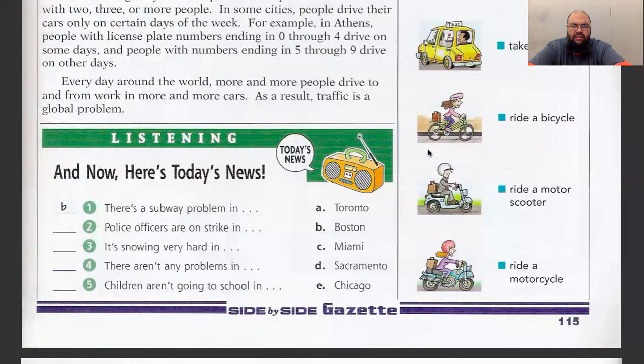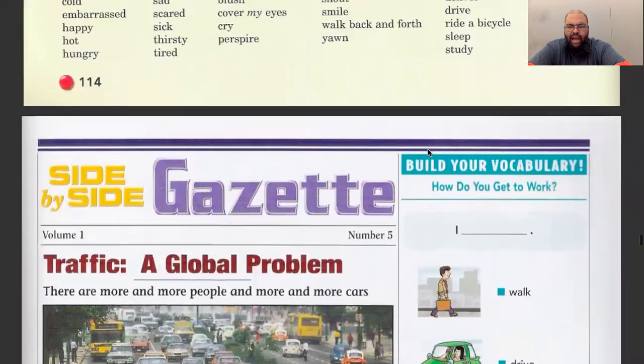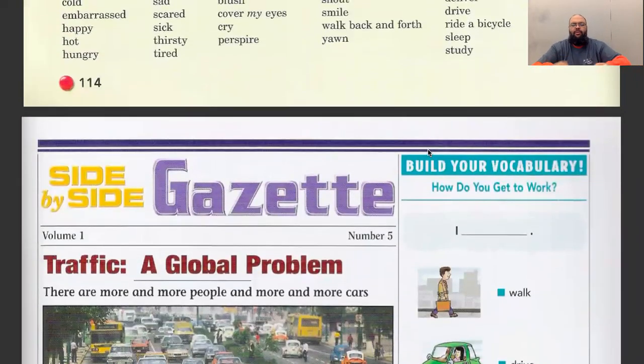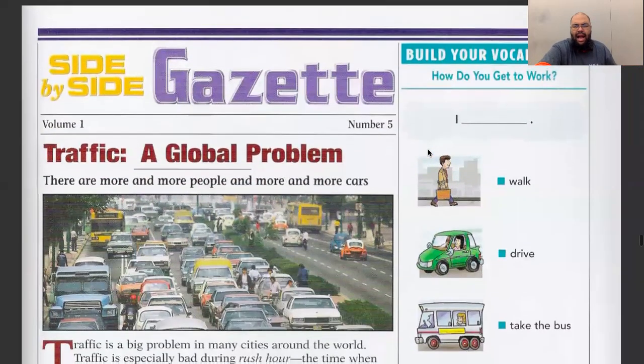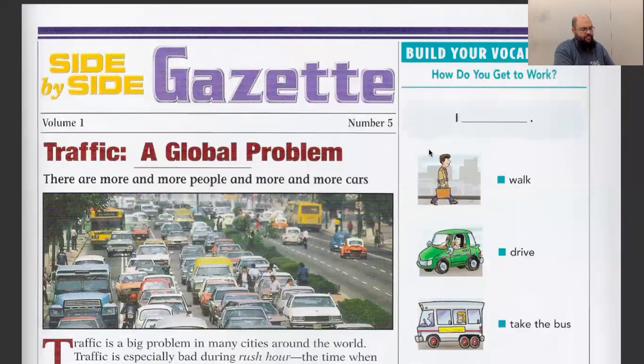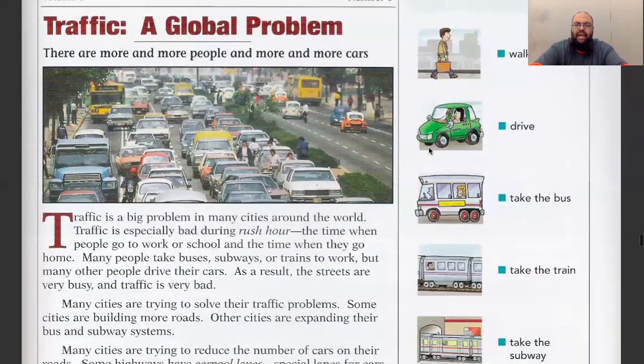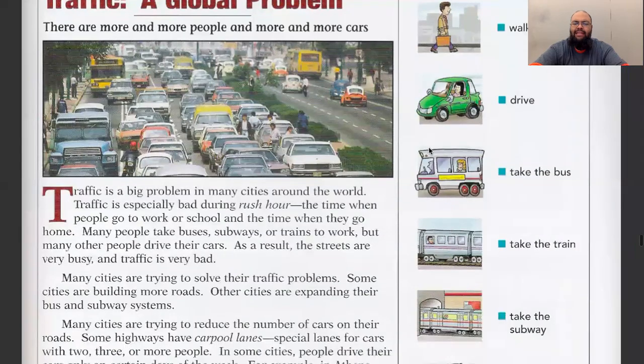All right, and let's practice this vocabulary. How do you get to work? Please repeat after me. I walk. I drive. I take the bus. I take the train. I take the subway.